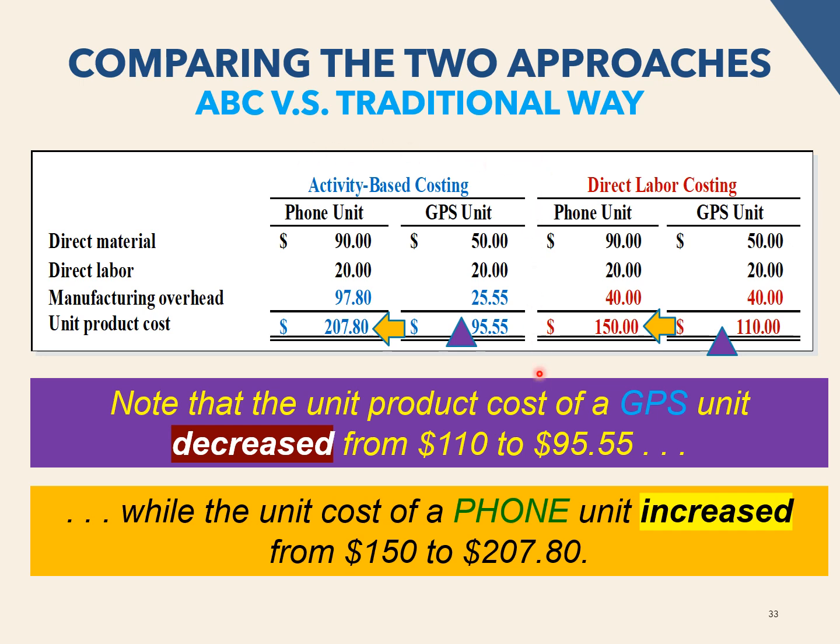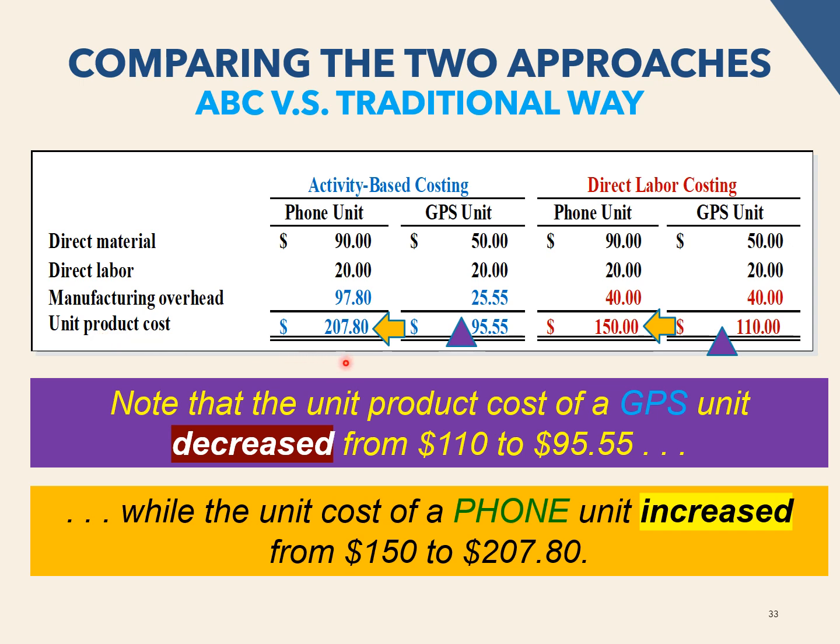And this is the result provided by the traditional direct labor costing method, which uses only a single predetermined overhead rate, and that is direct labor hours. This is direct material, this is direct labor, and this is manufacturing overhead assigned. You will get the unit product cost here.